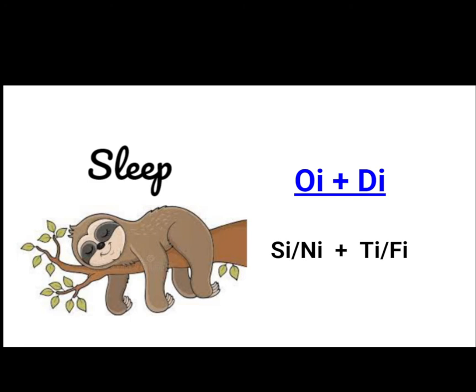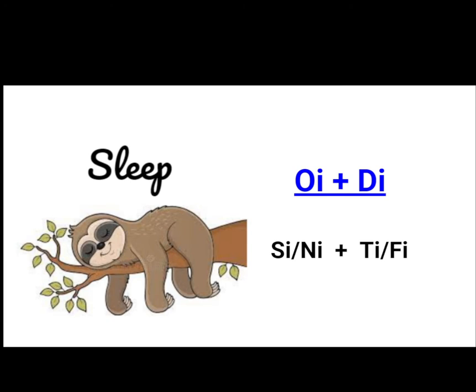Like an ISTJ, for example, has a stack SI, TE, FI, NE. So for an ISTJ, the sleep animal would be the SI and the FI interacting with each other.